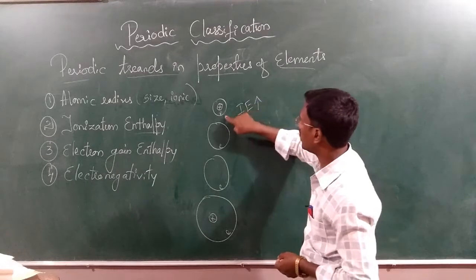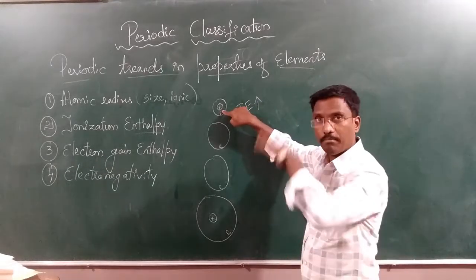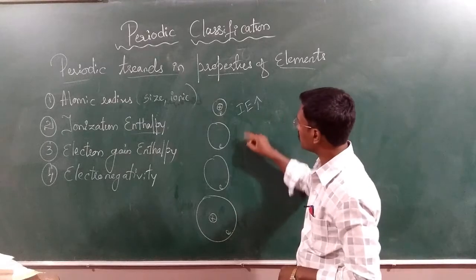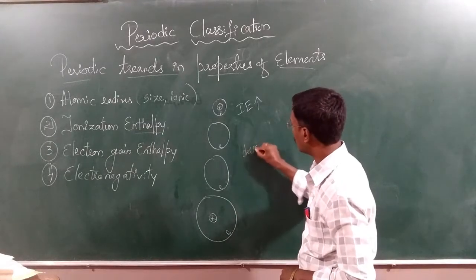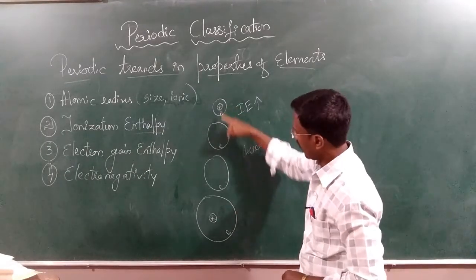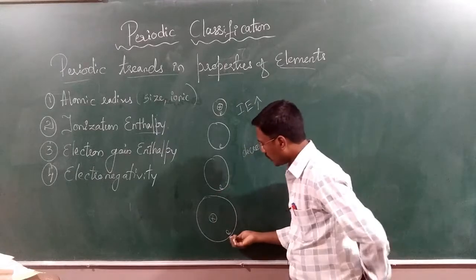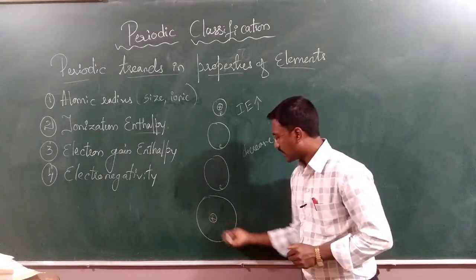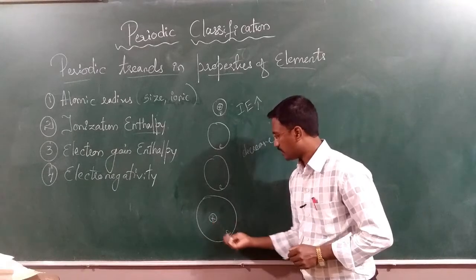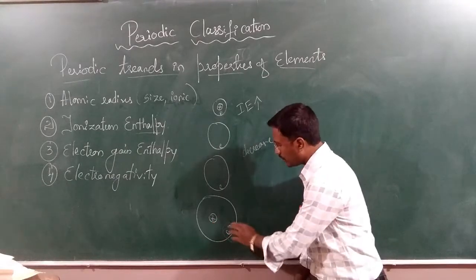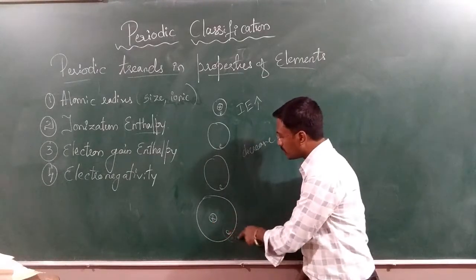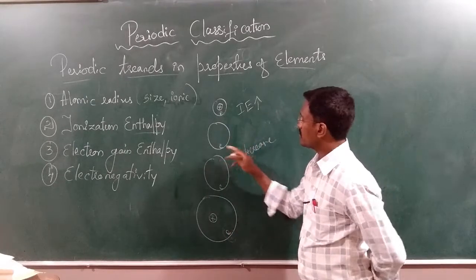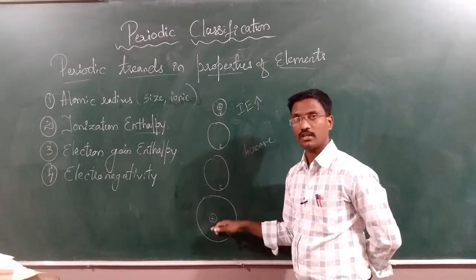Ionization enthalpy required is greater for upper elements. As we move down the group, ionization enthalpy decreases. Are you getting my point? As the atomic size increases, we can remove the electrons with lesser energy because there is a greater distance between the center of the nucleus and the outermost electron, so we need less energy to remove this outermost electron rather than this one. For that reason, the ionization enthalpy decreases down the group.